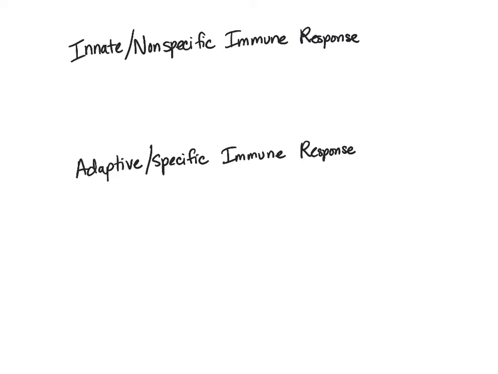When we look at these two divisions of the immune system, we're first going to talk about our innate or non-specific immune response, and then we'll talk about the adaptive or specific immune response.